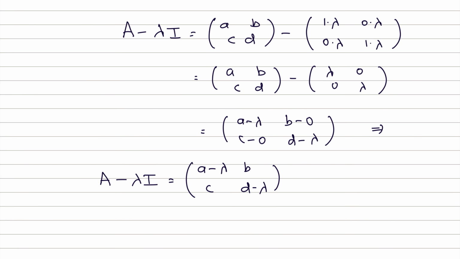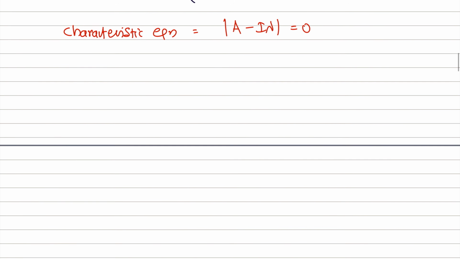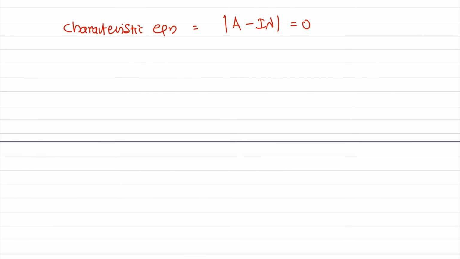The determinant of it gives the characteristic equation. The characteristic equation is the determinant of A minus I lambda equal to 0. We know what A minus I lambda is. Hence, we require the determinant of [A minus lambda, B; C, D minus lambda] to be equal to 0.